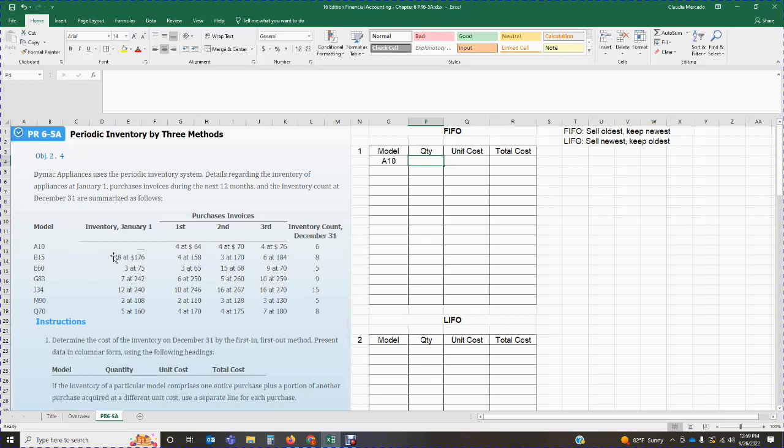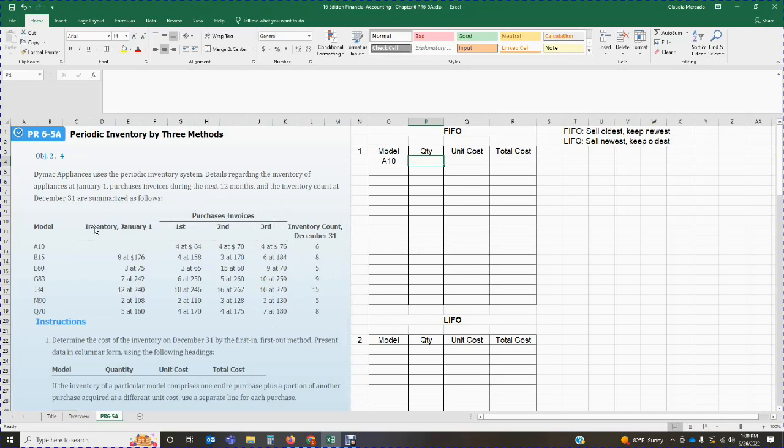So we need to figure out which of these columns is my newest information. Inventory, January the 1st, that's your oldest, and then that's the first purchase, second purchase, third purchase. Third purchase is the newest merchandise that you have received. So the third is the newest. The beginning inventory is the oldest. So for FIFO, we are keeping the newest. The newest would be from 3 to 2 to 1.